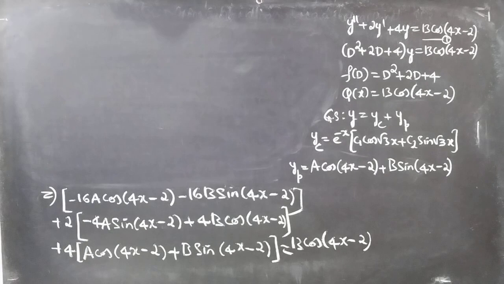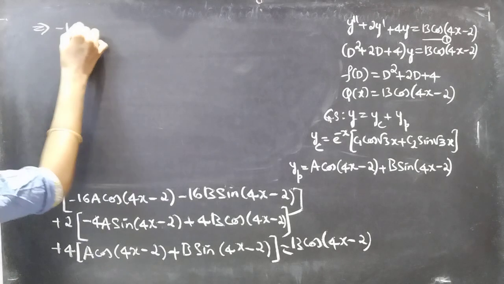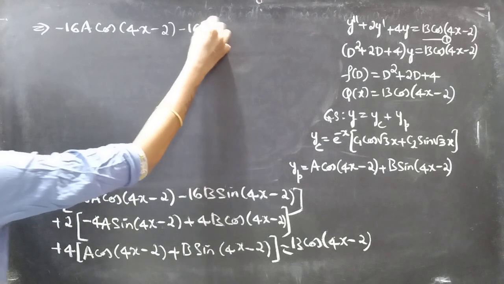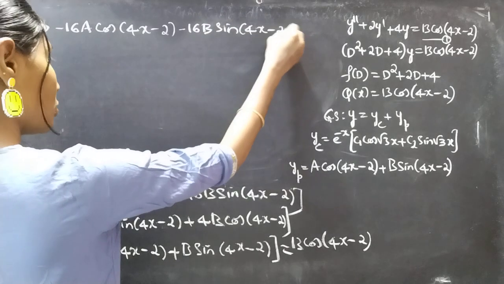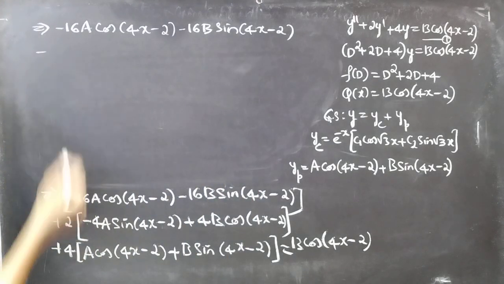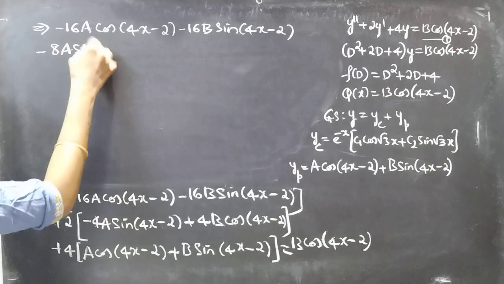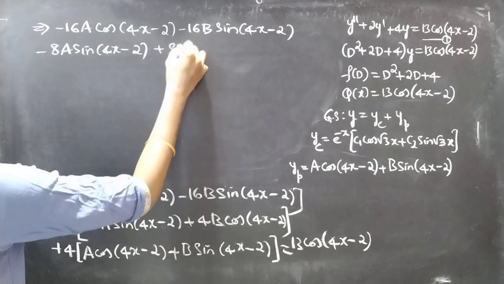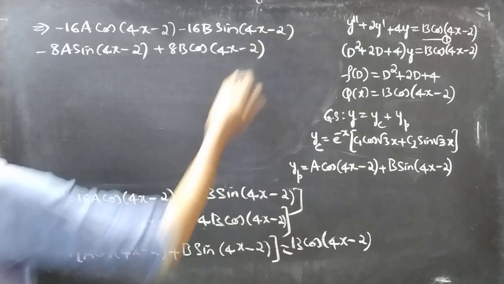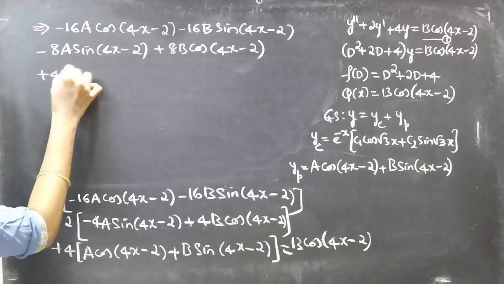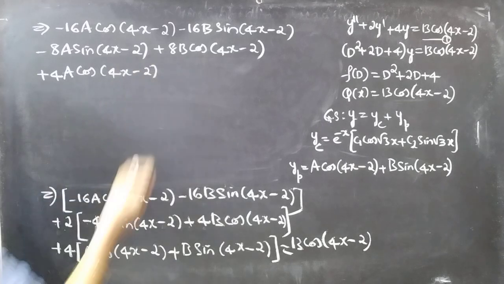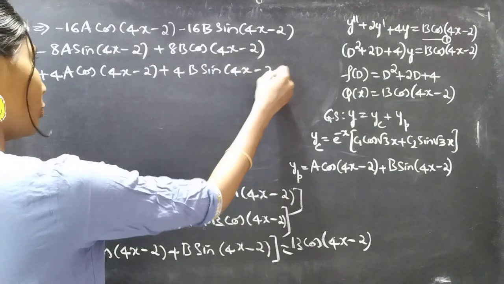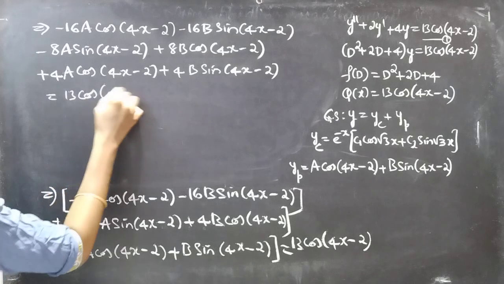Just simplify it, which gives us minus 16a cos of 4x minus 2 minus 16b sine of 4x minus 2, plus 2 into minus 4 is minus 8a sine of 4x minus 2, plus 2 into 4 is 8b cos of 4x minus 2, plus 4a cos of 4x minus 2 plus 4b sine of 4x minus 2 equal to 13 cos of 4x minus 2.